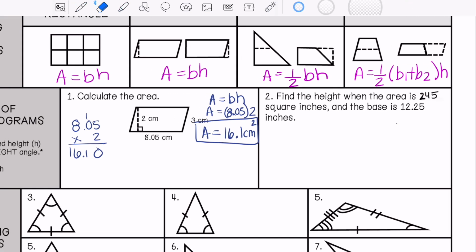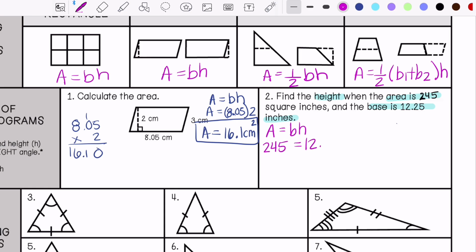Number 2, I'm going to find the height when the area is 245 square inches and the base is 12.25 inches. So I'm going to write my formula, what I know, and then I'm going to solve it like a one-step equation to figure out the height.